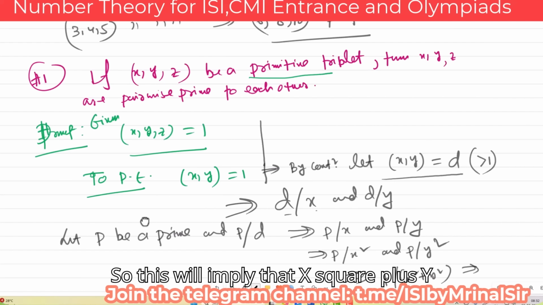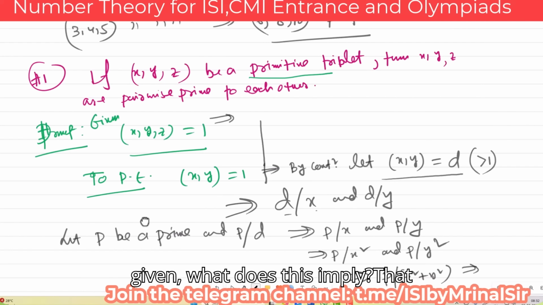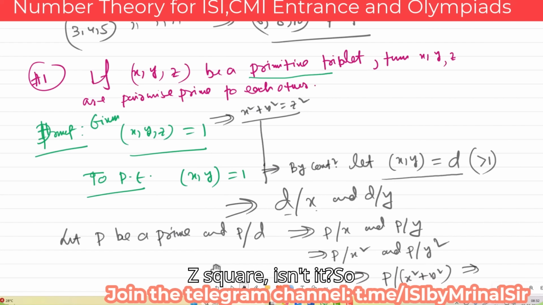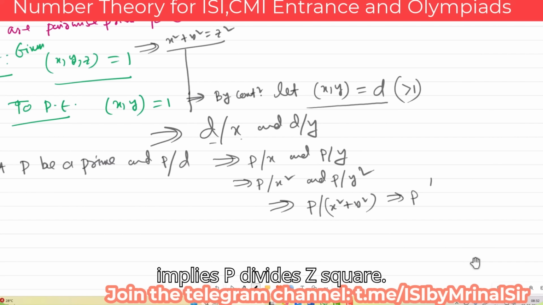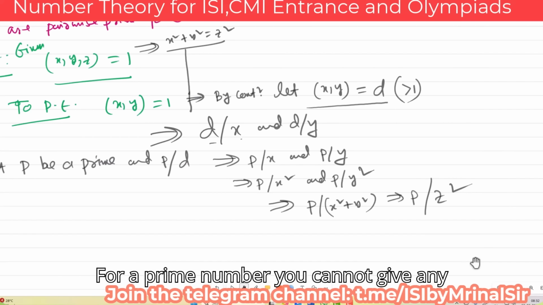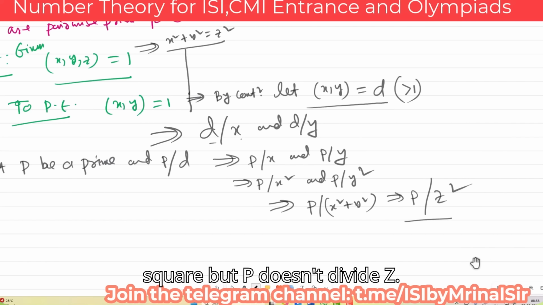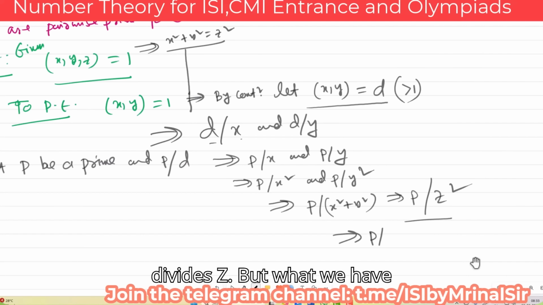Since x square plus y square equals z square, this implies P divides z square. For a prime number, you cannot give any counterexample where P divides z square but P doesn't divide z. So P divides z.